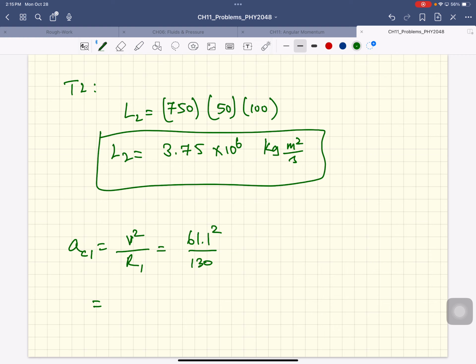Do you understand the race? Okay, so 28.7 meters per second squared. That's about 2.93 Gs.